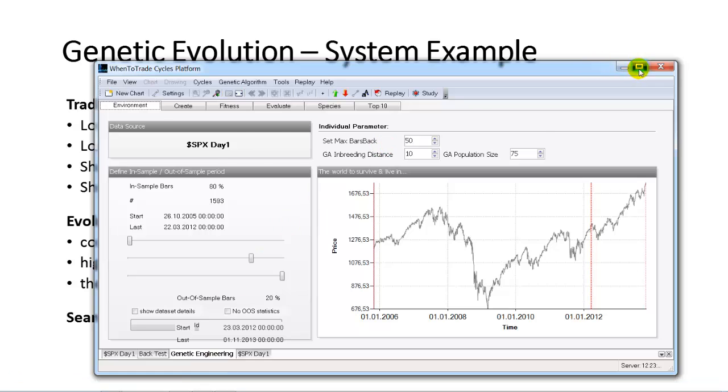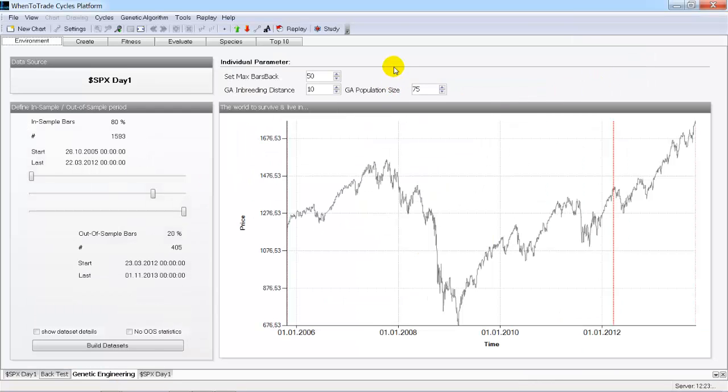So let's look at how this genetic algorithm will be used with the Cycles platform. First of all, we use the S&P 500 daily index for around the last 10 years. We define the in-sample period in the range of 2005 up to March 2012.